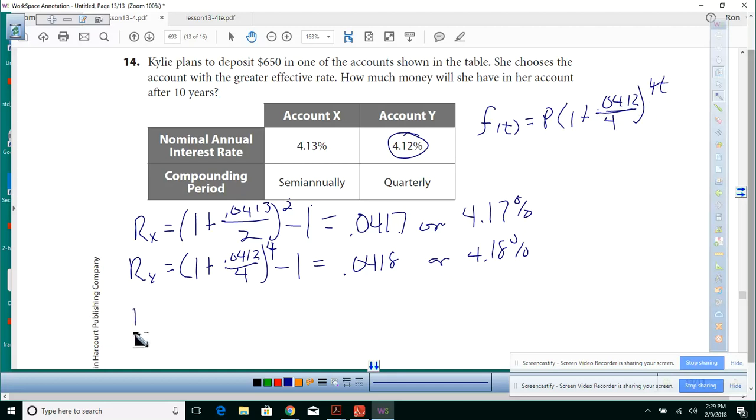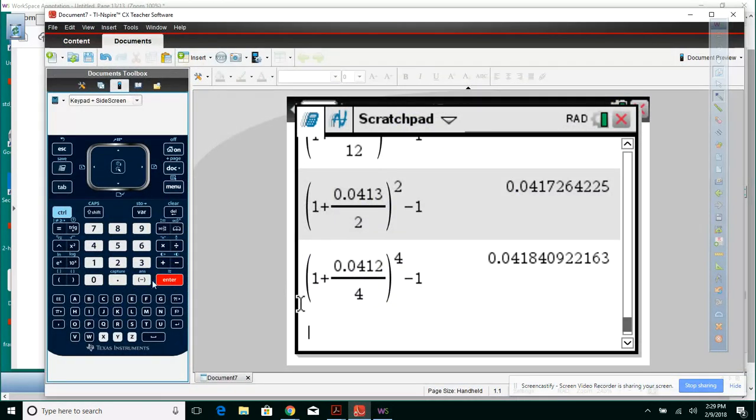So F of 10 equals the principal, $650, times 1 plus the nominal rate 0.0412 over 4, to the 4 times 10. And that will give us how much it'll be worth.